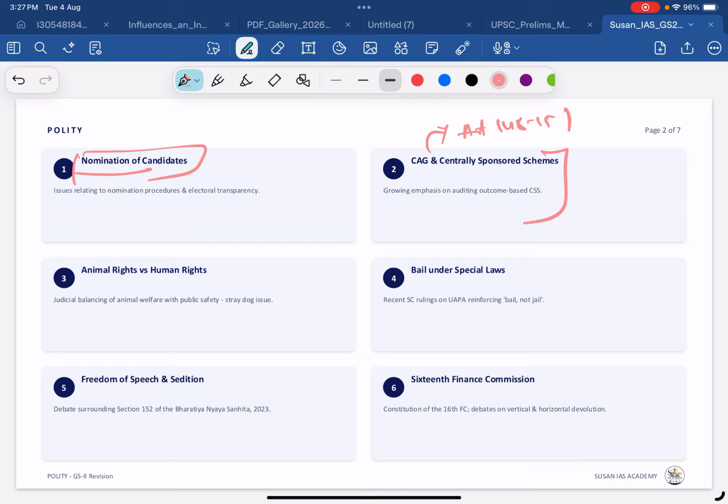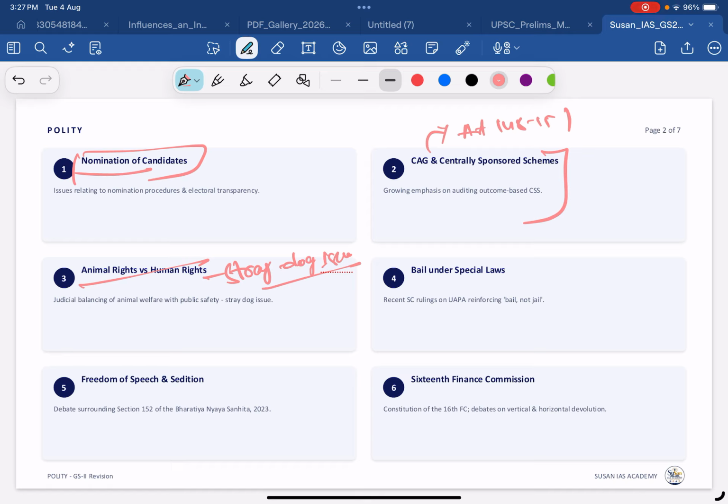And also animal rights with human rights, judicial balancing. Nowadays the animal rights issue has been in the news, like the Delhi stray dog issue, and even the Hyderabad stray dog issue. The Supreme Court has laid down some guidance for stray dogs. So one has to refer to these topics, and cover Article 21 in this theme.